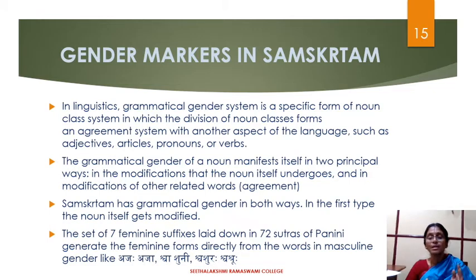For example, when we have ajaha, we add the feminine suffix TAP to it and derive aja, which is its feminine counterpart. Ajaha, aja is goat, sheep. Then shwa, shuni, male dog and female dog. So shwa is the masculine form, and from that, by adding the feminine suffix, we derive shuni, NYEEP.